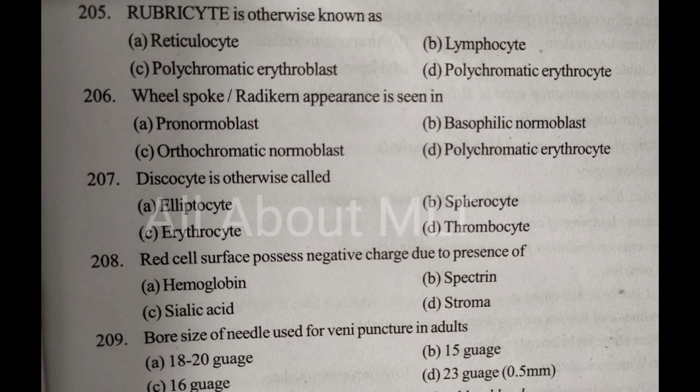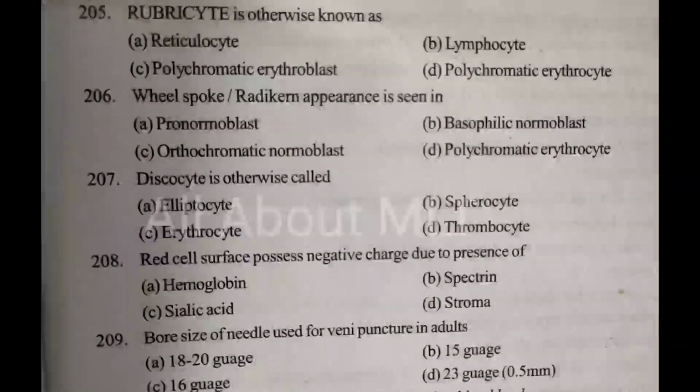Red cell surface possesses negative charge due to presence of: option A hemoglobin, option B spectrin, option C sialic acid, option D stroma. Answer is option C sialic acid. Bore size of needle used for venipuncture in adult: option A 18 to 20 gauge, option B 15 gauge, option C 16 gauge, option D 23 gauge. Answer is option A 18 to 20 gauge.